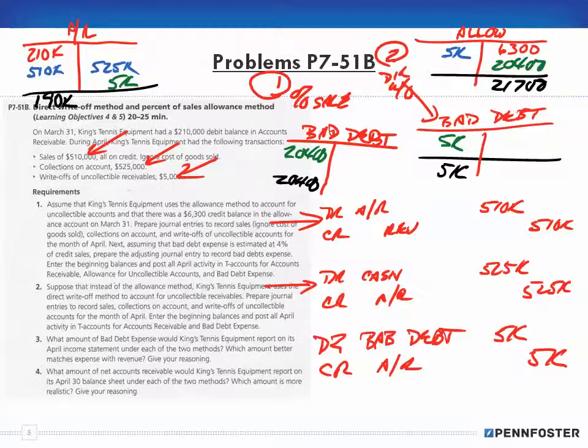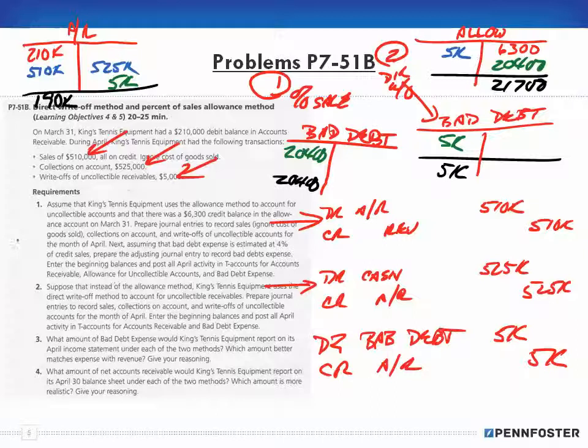Okay, now number 4. It says, what amount of net accounts receivable would King's report on the April 30 balance sheet under each of the two methods? Which amount is more realistic? Give your reasoning.